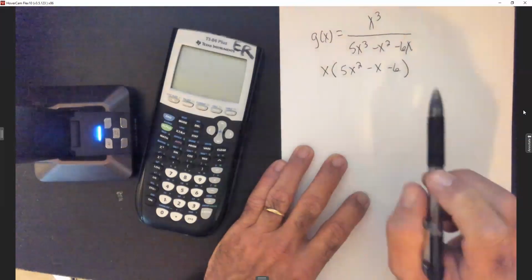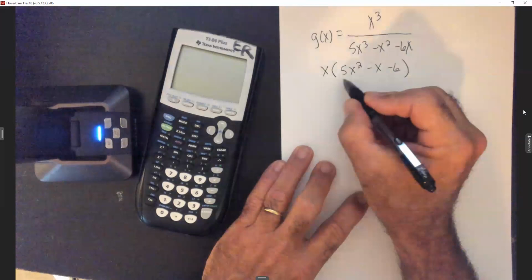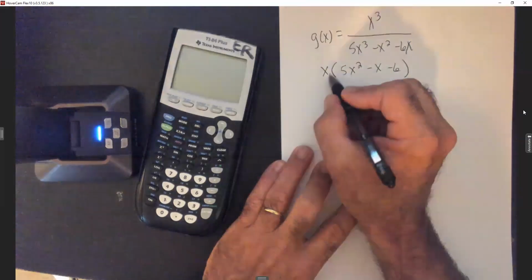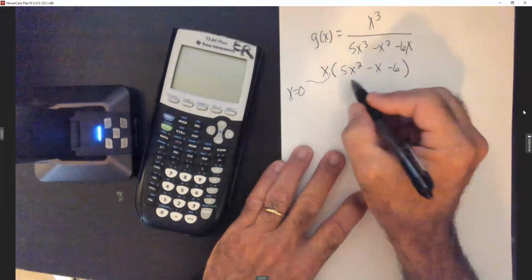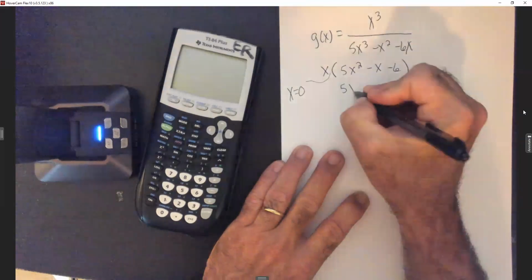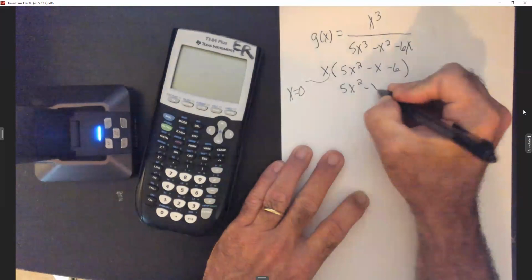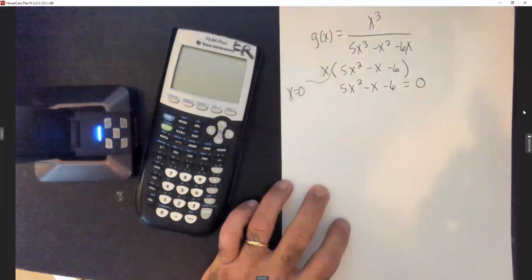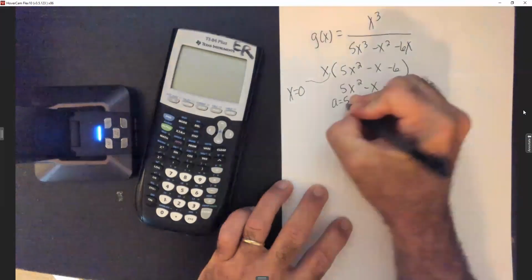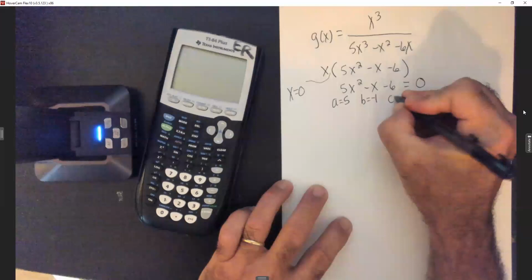Then I'm not worried about this x at the moment because I can set it equal to 0 and be done. But what I need to do is take the 5x squared minus x minus 6 and set that equal to 0. So I'm going to use the quad on this. A is 5, B will be -1, and C will be -6.